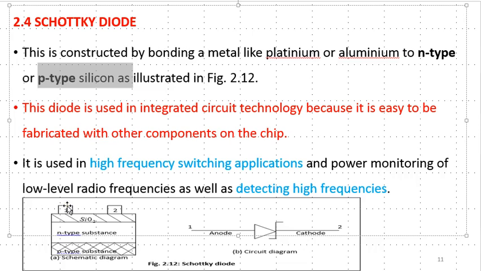And my contacts here are 1 and 2, and the 1 stands for my anode and the 2 stands for my cathode.